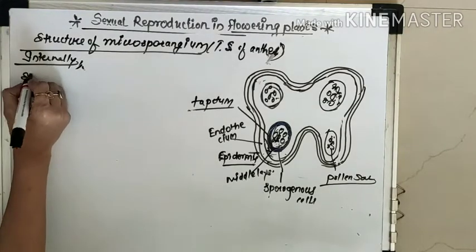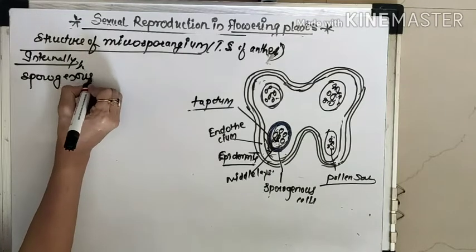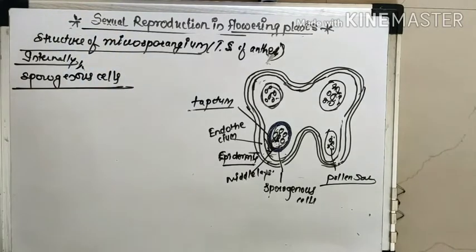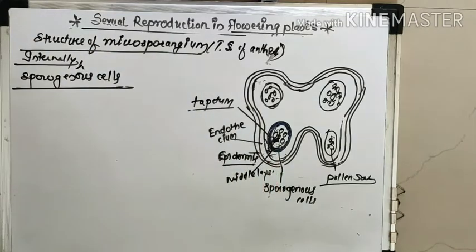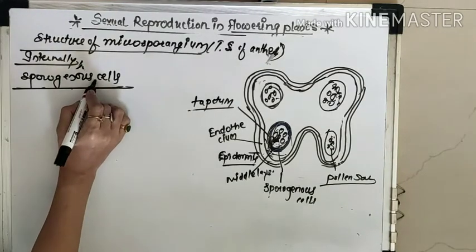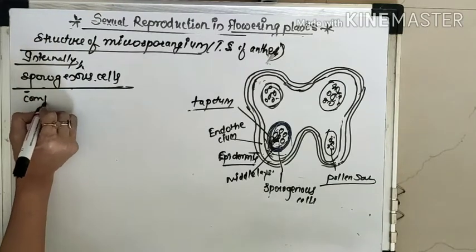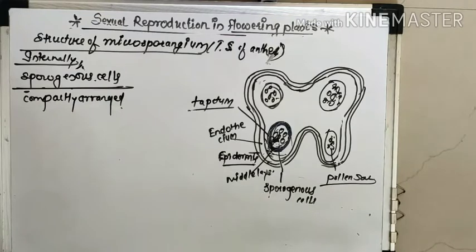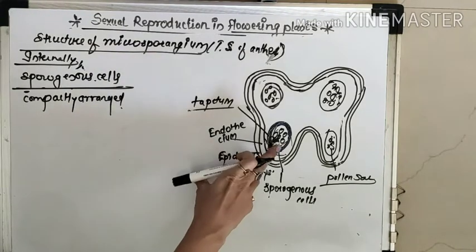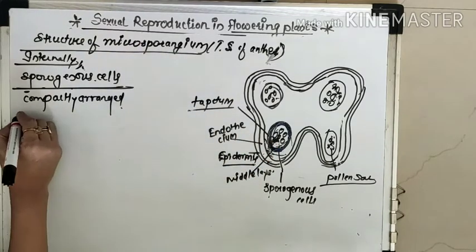Now this sporogenous tissue is compactly arranged, homogeneous cells which are present at the center of each microsporangium when they are young.